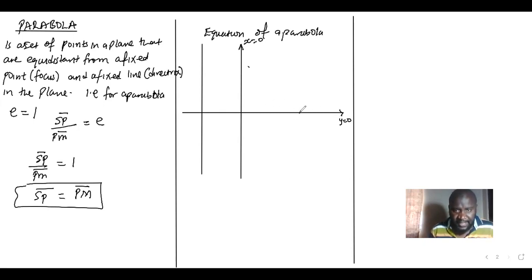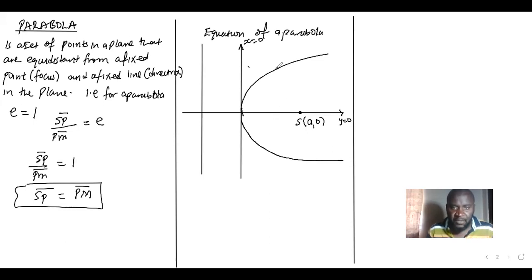Now on the x-axis, we have there a focus, S. This focus has a constant A, 0. Now, if this is the parabola, let me sketch it for you. That is how our parabola looks like.